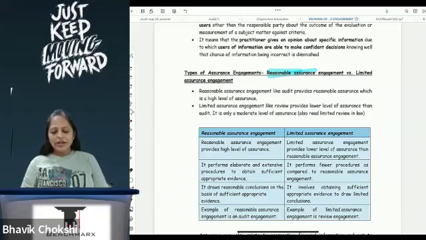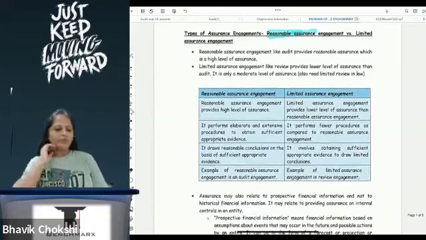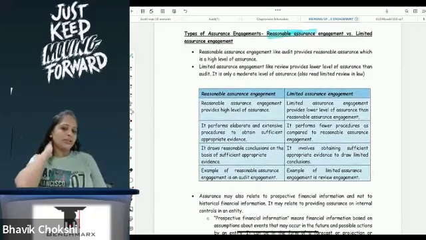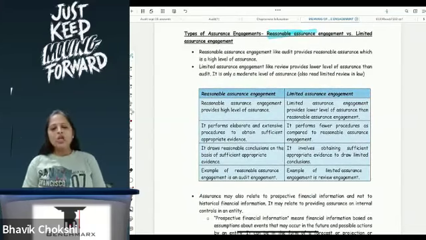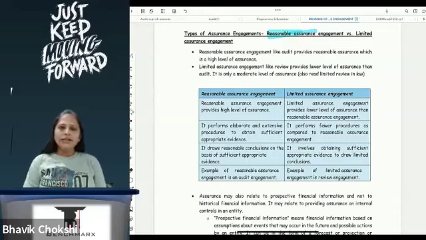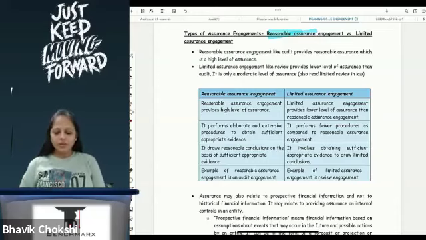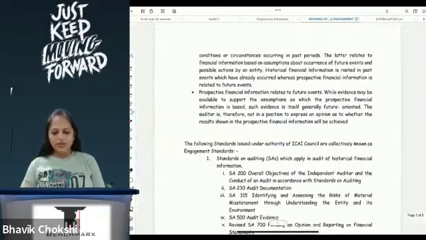Okay, now when I talk about audit, we also talk about something called a review, again something that we did in Inter. So between audit and review, what was the difference? What do you think is the difference between an audit and a review?